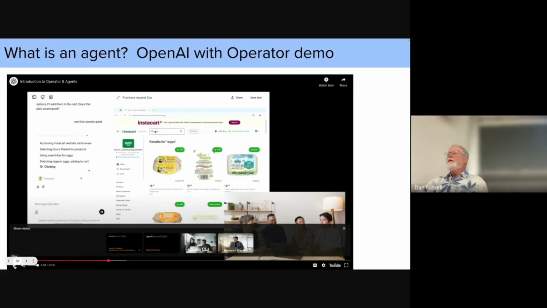You get the idea. So this is the agent opening a web browser, going to a website, starting to interact with the website. So it's taking action on your behalf.